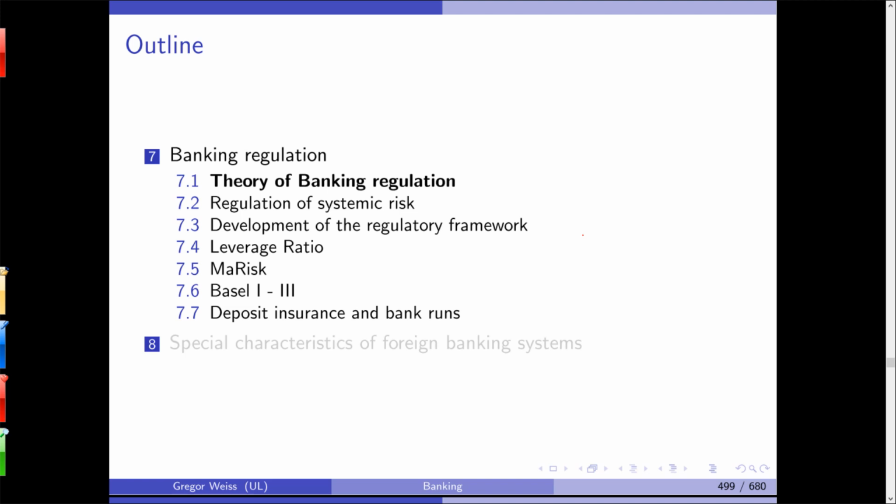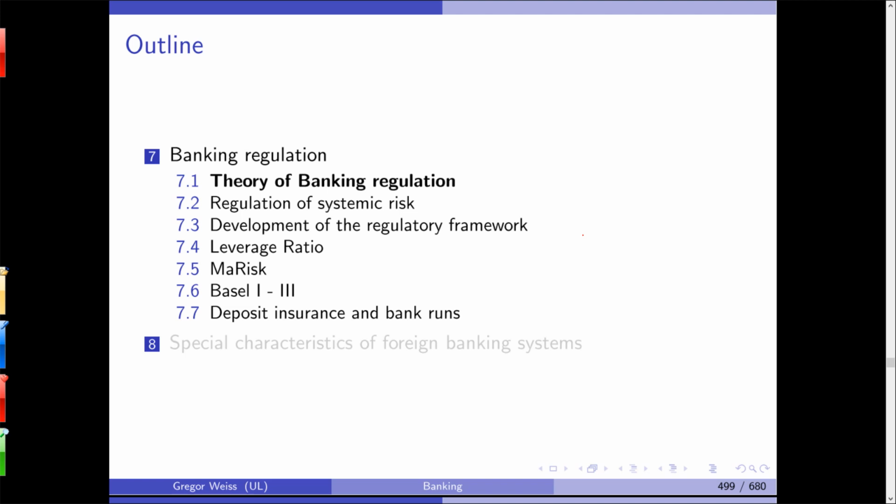What then follows is that regulators have argued that, well, okay, equity, maybe that's a little bit too strict. There are also some parts of debt, of liabilities, that don't need to be paid back immediately, parts of debt that will not be paid back immediately in case of default.